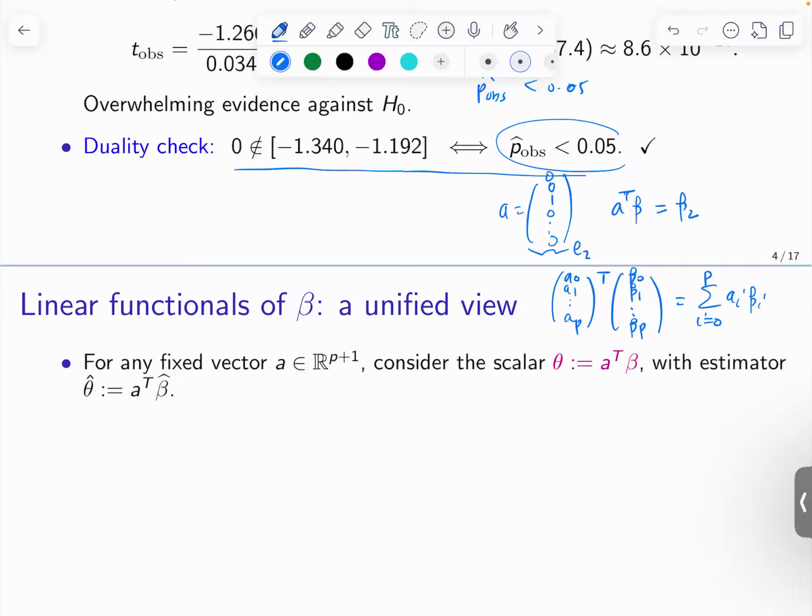The only unknown is beta, and we have an estimate of beta. I can plug in beta hat. So I get the plug-in estimate: theta hat would be A transpose beta hat. It's a perfectly fine estimate, the so-called plug-in estimate.